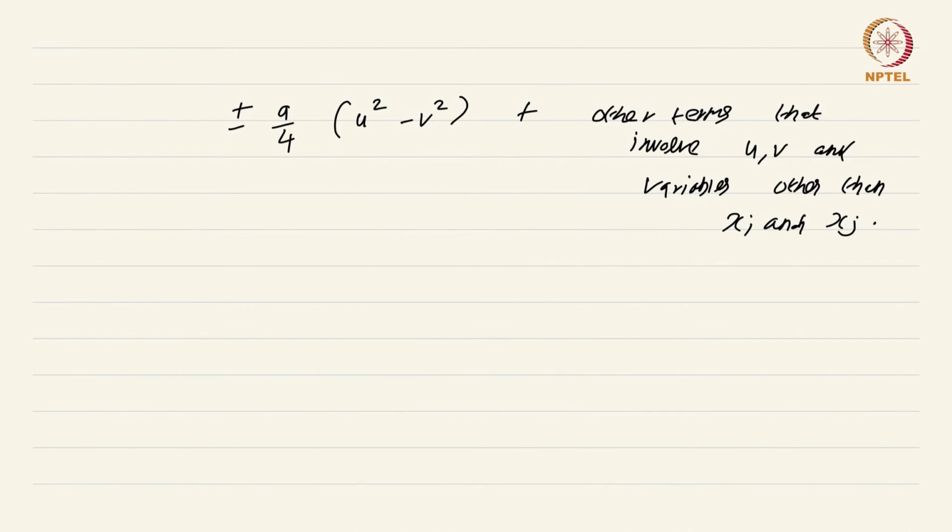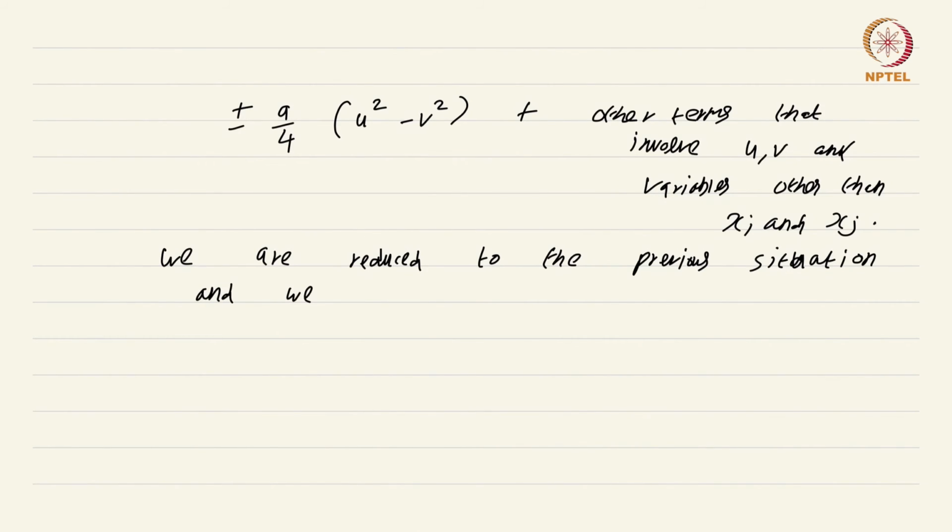Now we are reduced to the previous situation. There is a square term occurring. For instance, u squared and v squared both occur, and we can write this as a sum of squares.